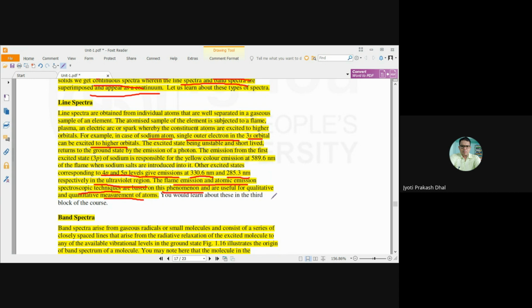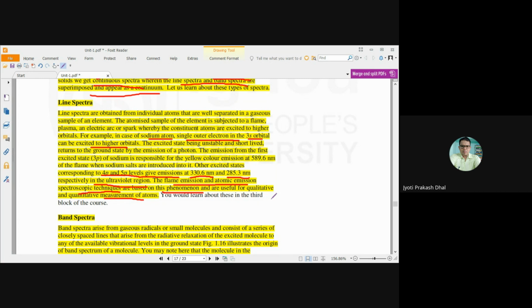So in the case of sodium, the sodium atoms present in the sample will be excited due to the flame, and the outer electron, which was initially present at the ground state 3s energy level, will be excited into a higher energy level.